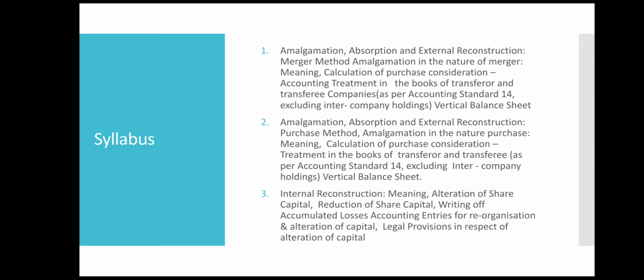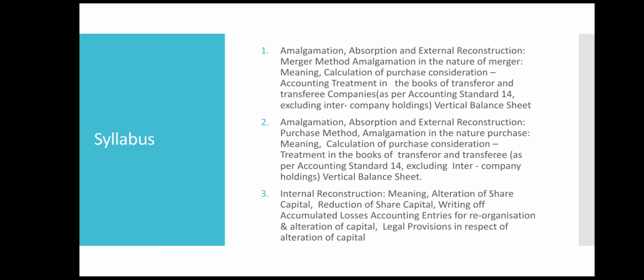Module 1, Amalgamation, Absorption and External Reconstruction, Merger Method. Amalgamation in the nature of merger, meaning, calculation of purchase consideration, accounting treatment in the books of transferor and transferee companies as per Accounting Standard 14, excluding intercompany holdings, vertical balance sheet.